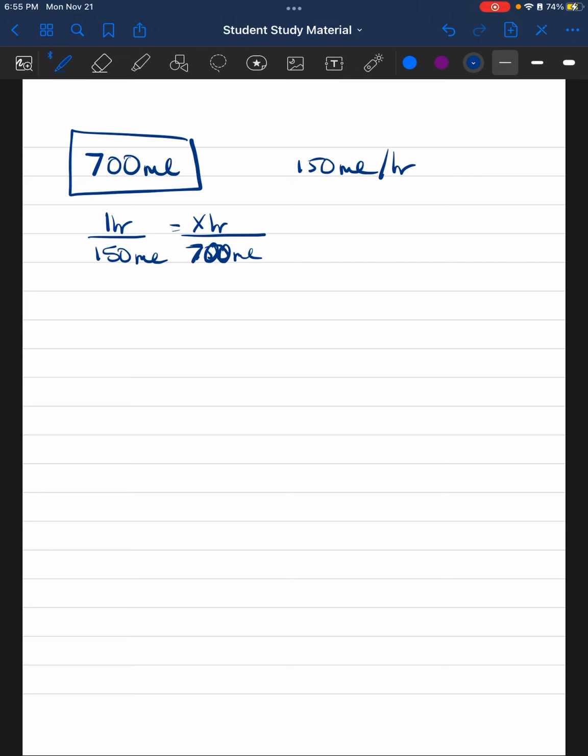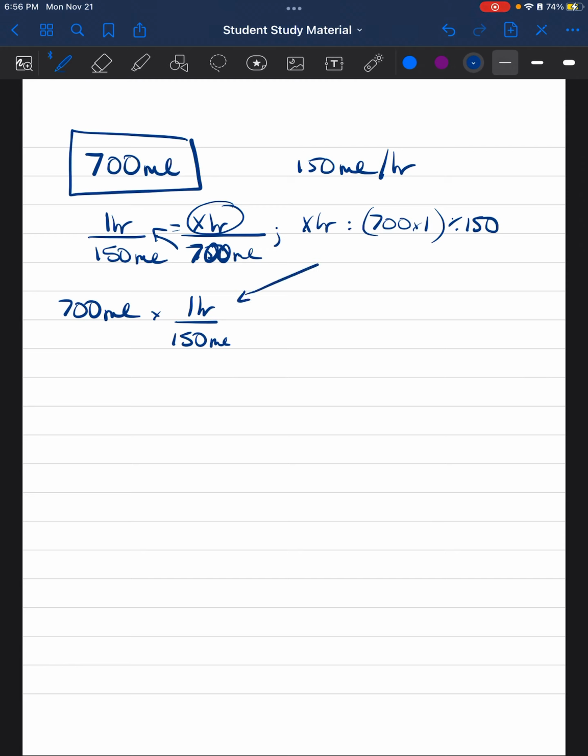If we use dimensional analysis, we can go 700 mils times 1 hour is 150 mils. Now, if we go through and solve for X hours, we're going to cross multiply, so we have to get X alone. We're solving for X. So X equals 700 times 1 divided by 150.